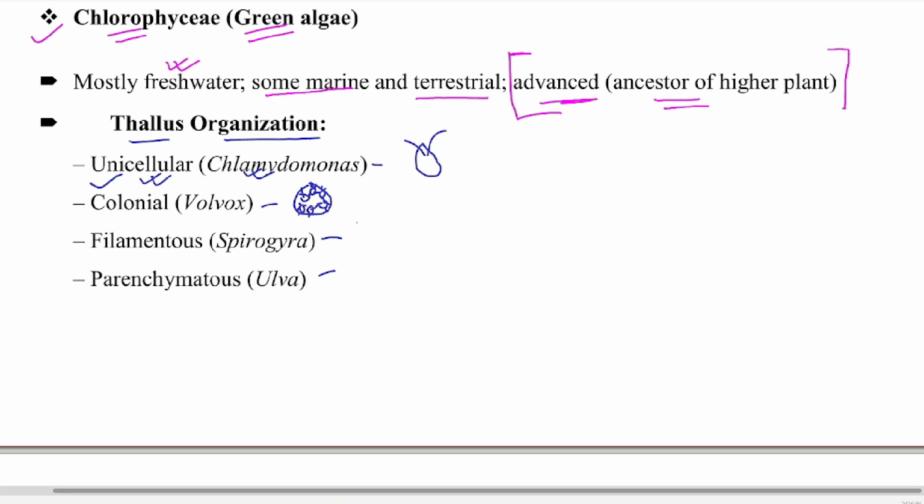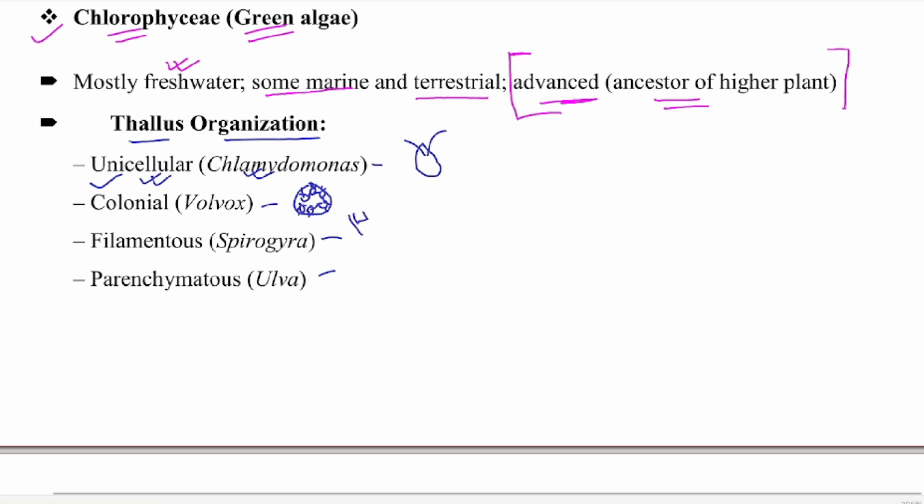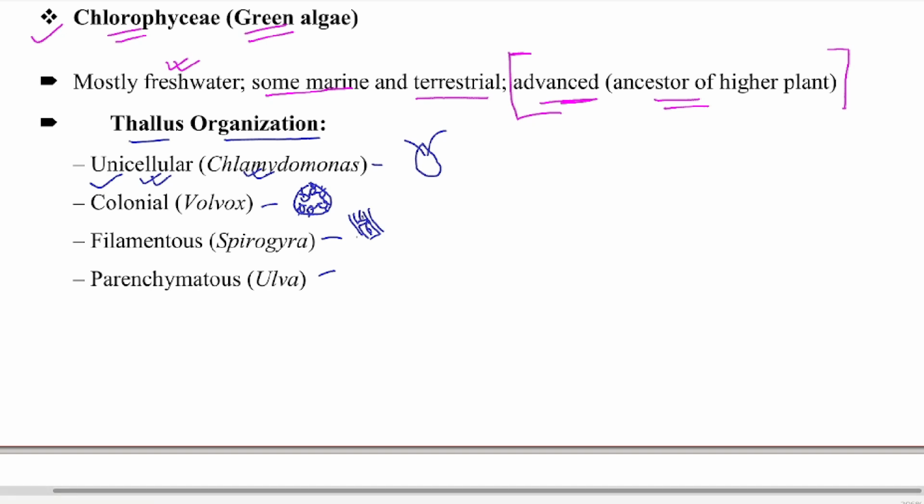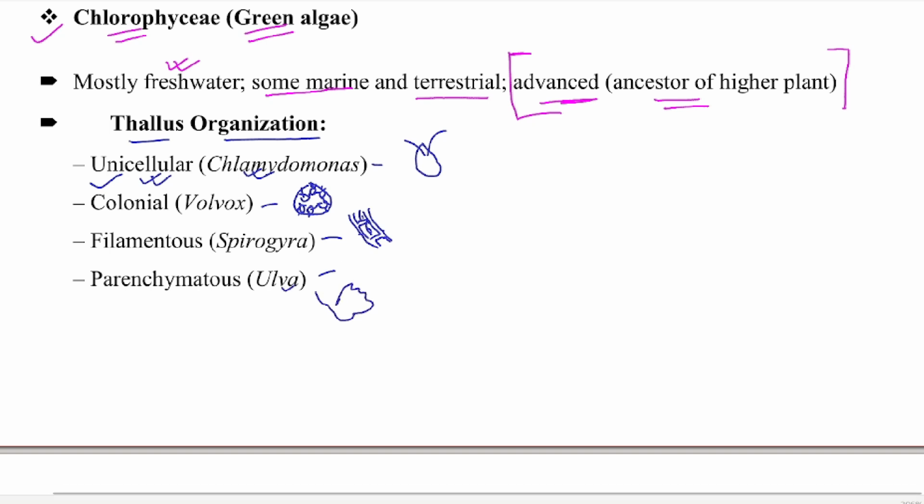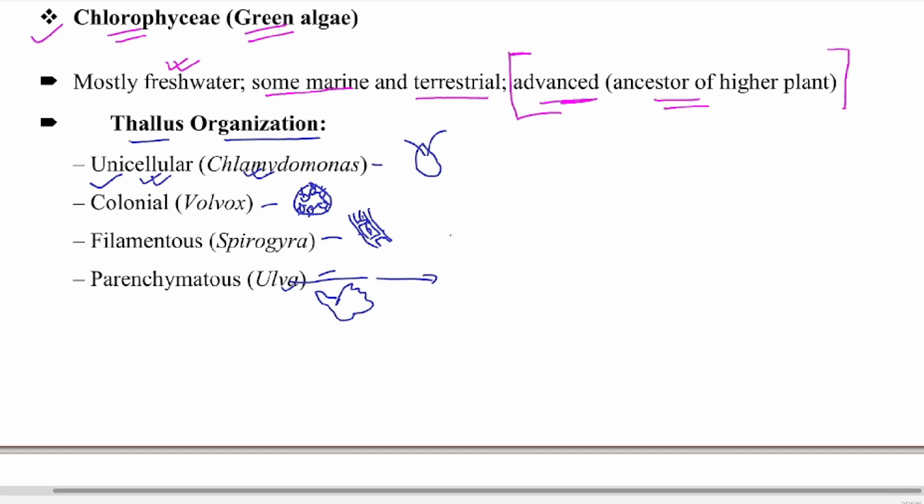And talking about the filamentous, this is Spirogyra, a very common example. And Ulva, with this kind of structure, which I already discussed in a previous video, is also called sea lettuce, which is a commonly asked objective question for you all. Which kind of algae is also known as sea lettuce? Which is the algae that is also known as sea lettuce?